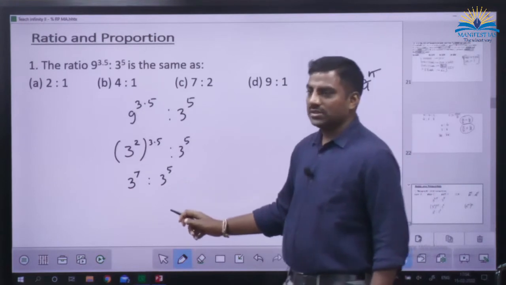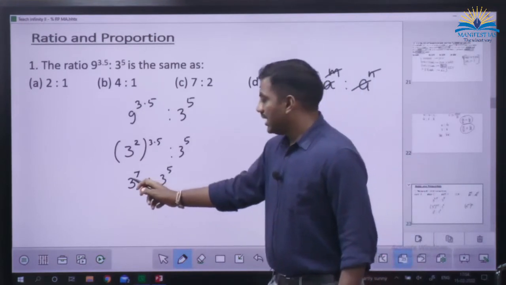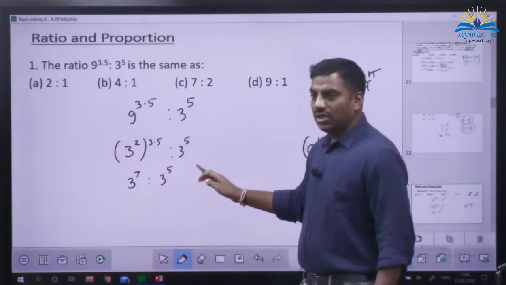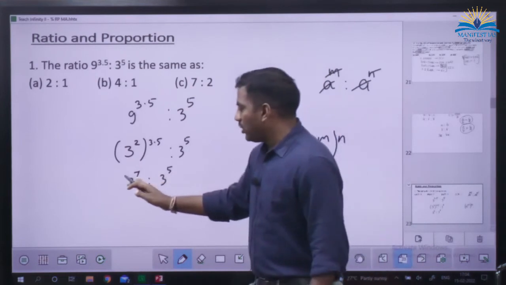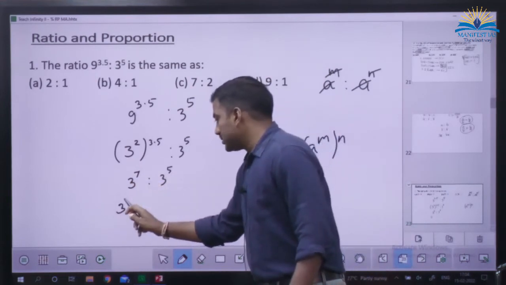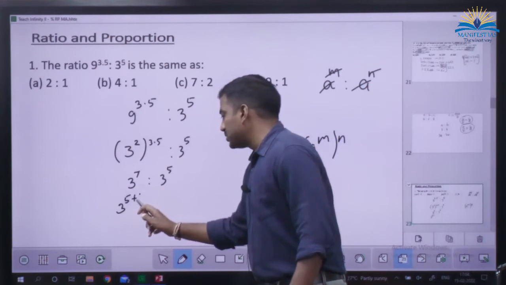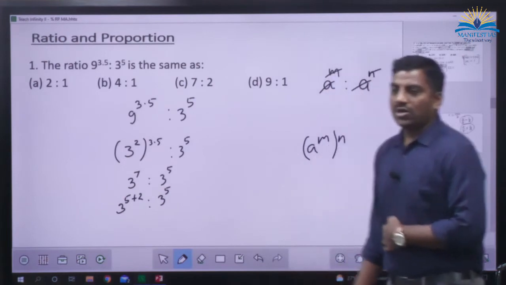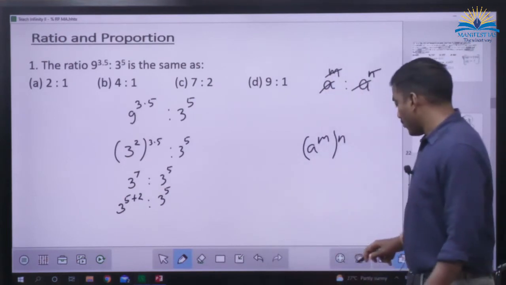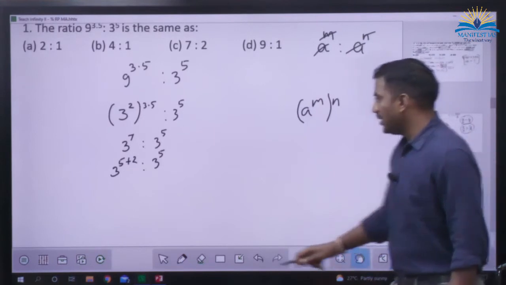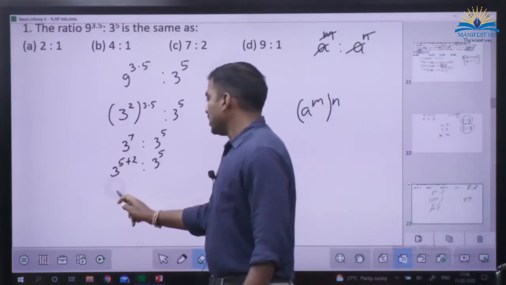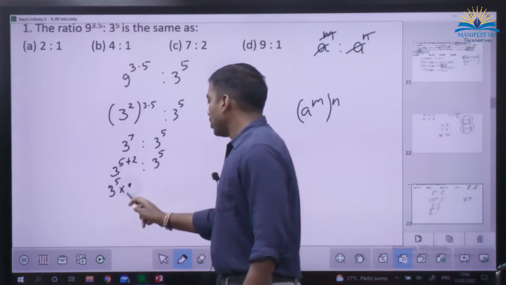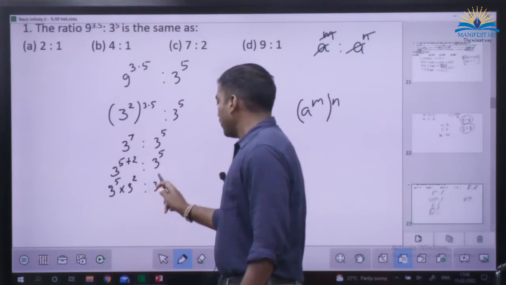Now, how to solve this? Take this as 3 into 3 into 3 into 3, 7 times, and 3 into 3 into 3, 5 times. So here 5 times plus 2 times. Can I write this as 3 to the power of 5 plus 2? Next, this is 3 to the power of 5 into 3 to the power of 2 is to 3 to the power of 5.